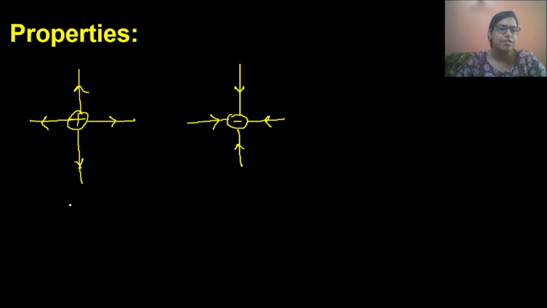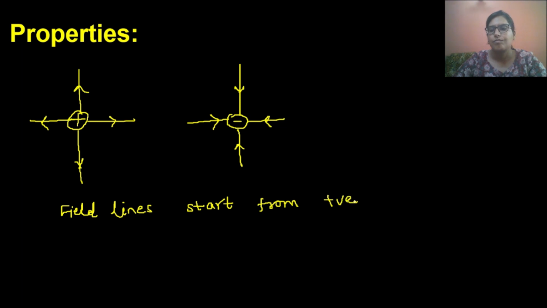So we can say electric field lines start from a positive charge or infinity.